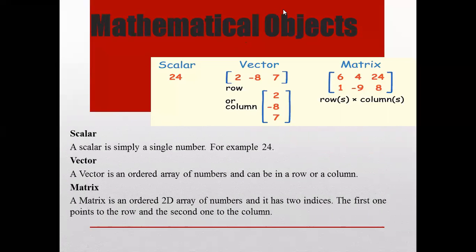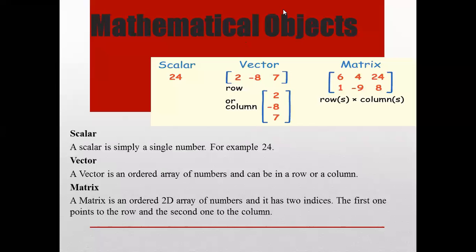Then what is a vector? A vector is an ordered array of numbers. It can be in a row or a column. A vector has just a single index, which can point to a specific value within the vector. In this example, v2 refers to the second value within the vector, which is -8.